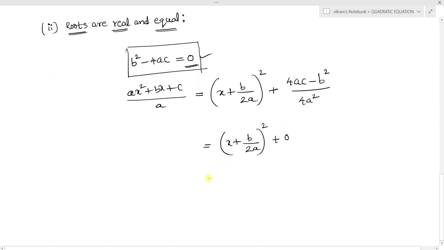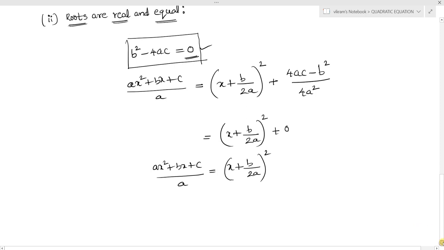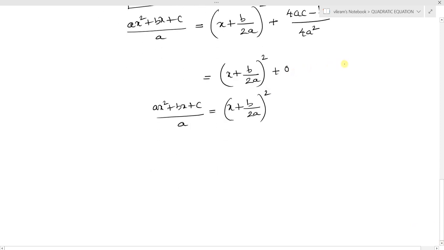Simply, ax square plus bx plus c by a equals x plus b by 2a whole square. Now, x plus b by 2a whole square is always greater than 0, because it is a square, and the square of anything is always positive.